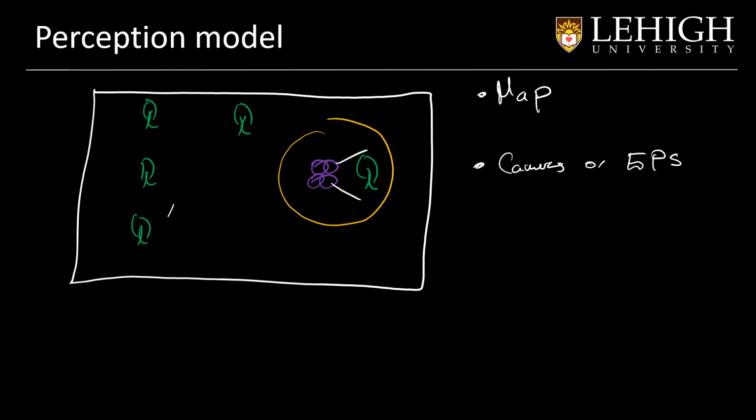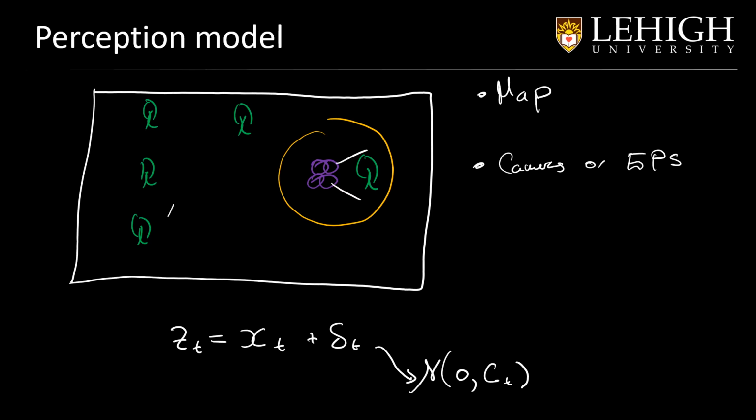So one way to model this in a very simple way could be that the measurement that we get is equal to the real value of the robot plus an error that we will denote as lambda_t, and we can assume that that error is normal, with mean 0 and a covariance matrix.